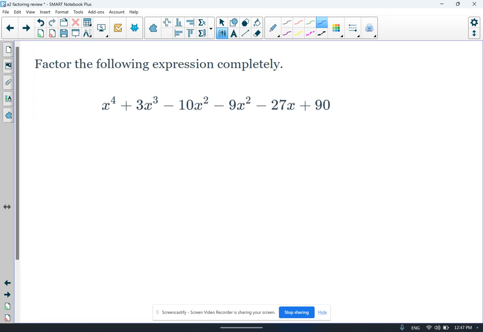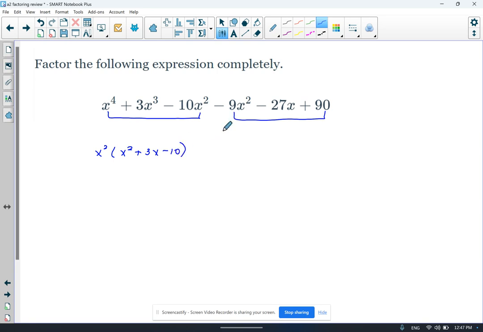So then I say, well, what if I were to triple them? Okay, so I look at all 3 terms and I notice that x squared's in common. And so x to the 4th divided by x squared is x squared. 3x cubed divided by x squared is 3x. Negative 10x squared divided by x squared is minus 10.